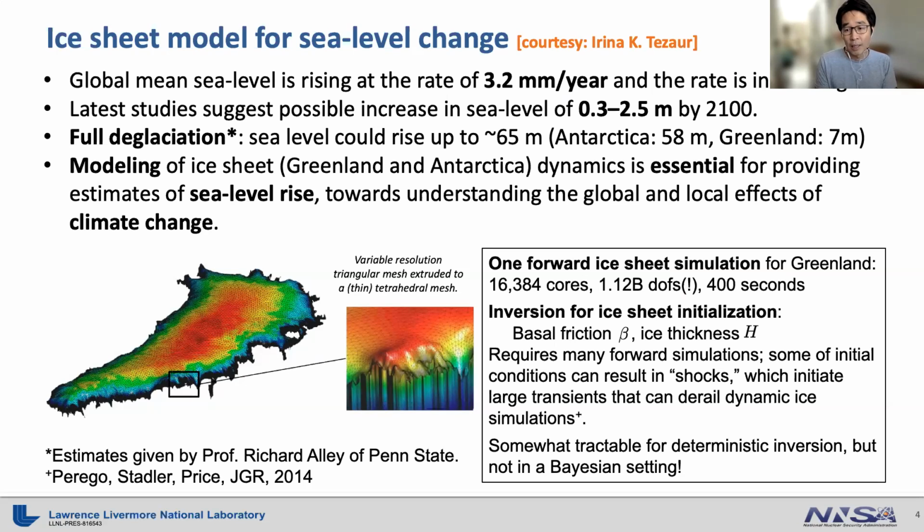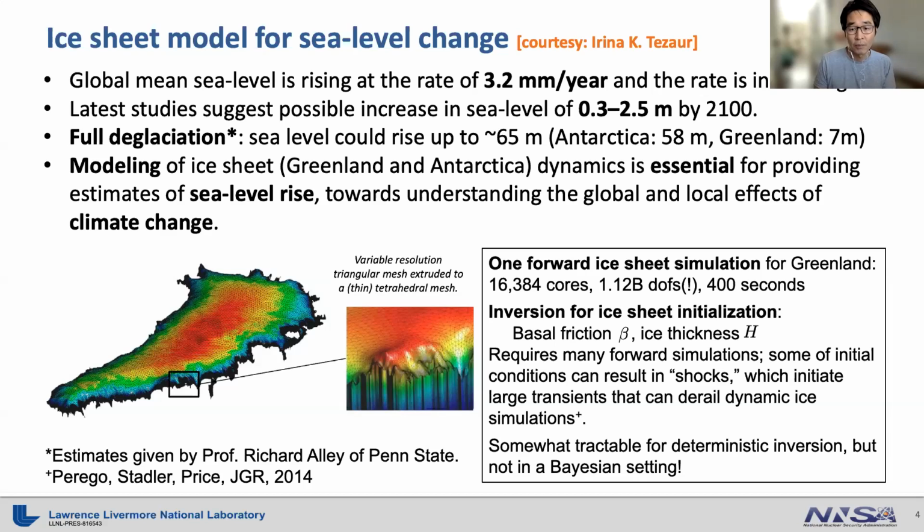Even more, if you talk about the inverse problem where we need to find, for example, basal friction and ice thickness, many full-order simulations need to be run. Furthermore, if we talk about a Bayesian optimization setting where uncertainty needs to be incorporated, this is simply intractable.